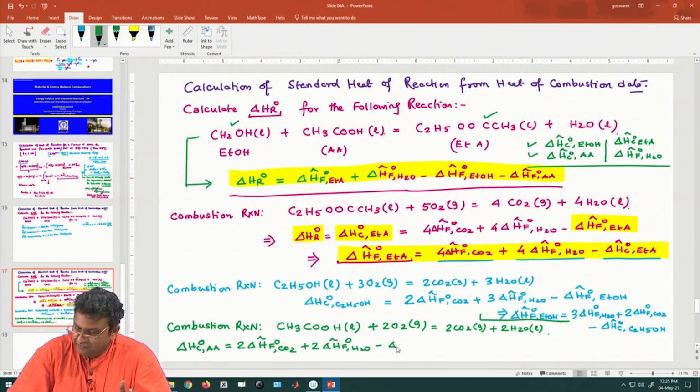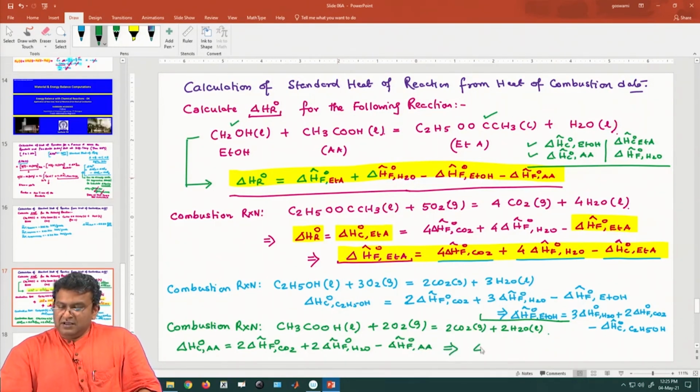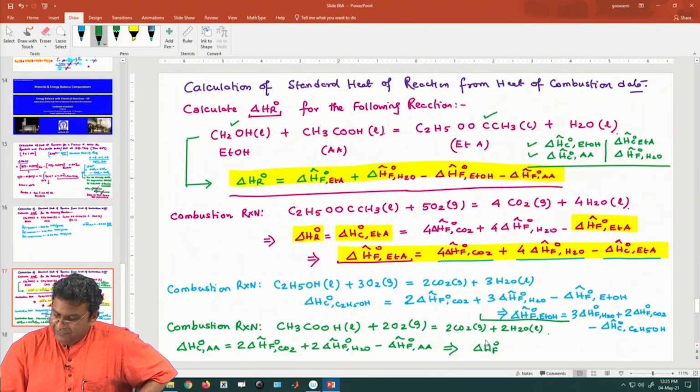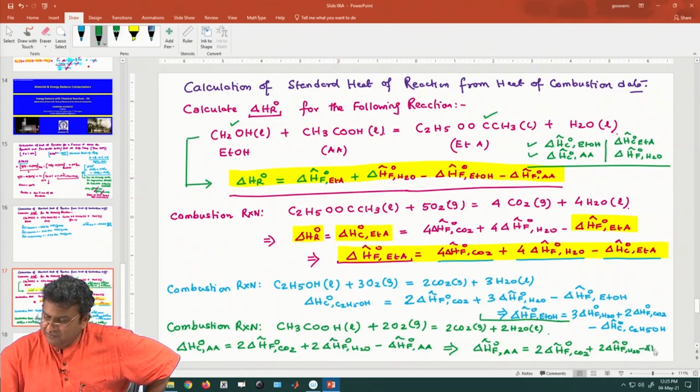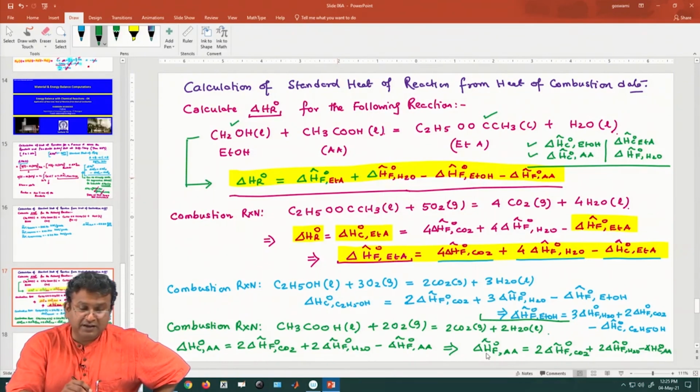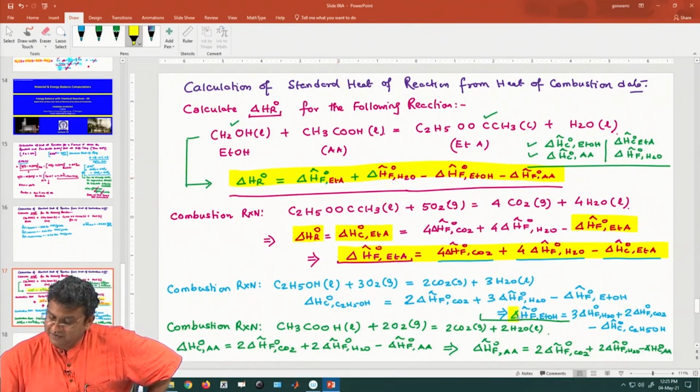From here, the heat of formation of acetic acid is twice heat of formation of CO2 plus twice heat of formation of H2O minus heat of combustion of acetic acid. What is important for us is these 3 expressions.